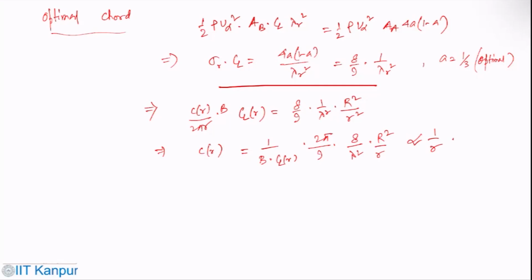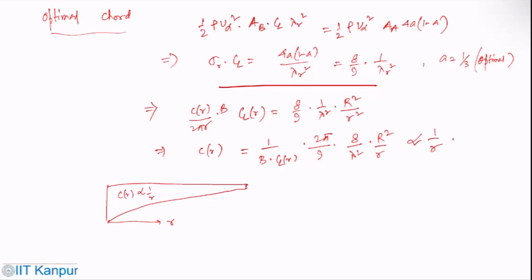One can see, so if this is r, your c by r is inversely proportional to r.